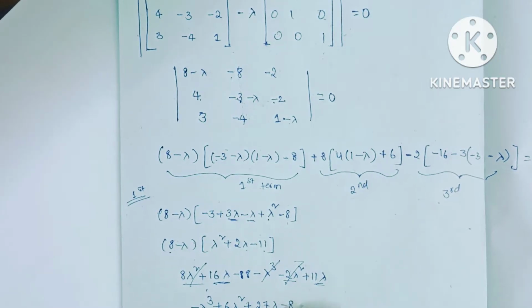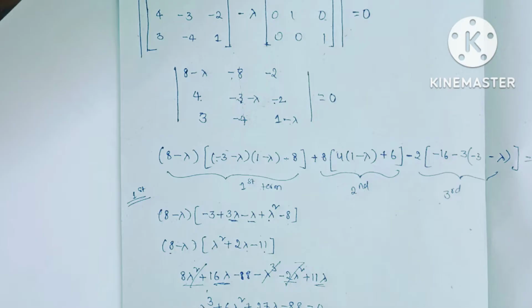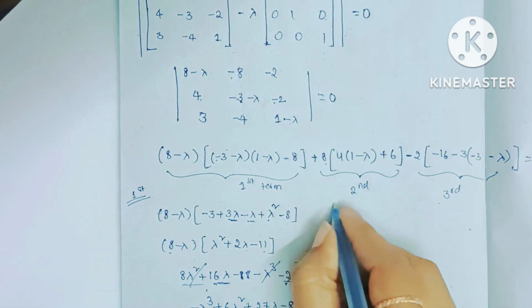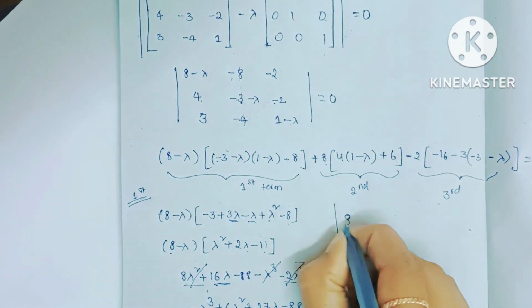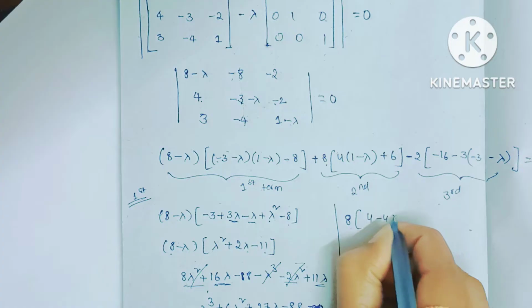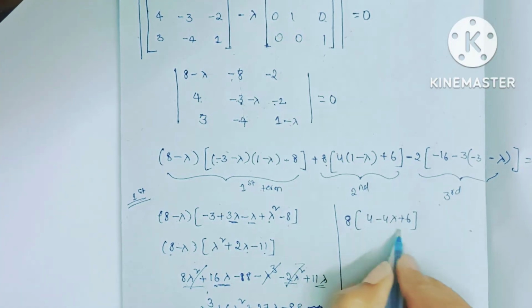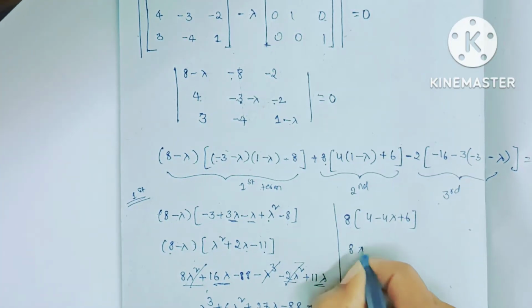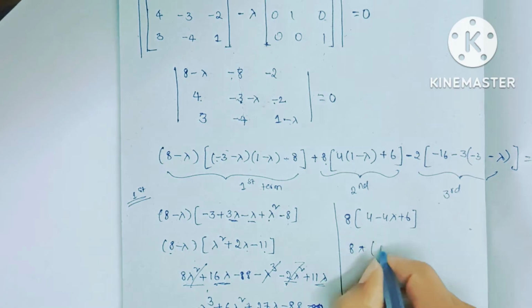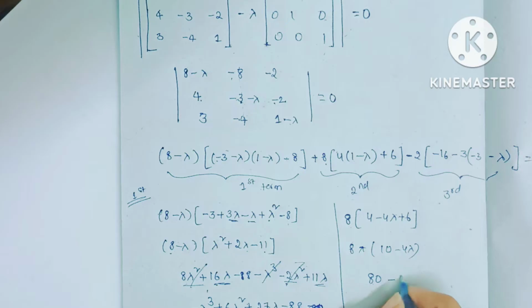No, sorry, this one is the first one and the second one is 8 into 4 minus 4 lambda plus 6. So here we will get 8 into 10 minus 4 lambda, so 80 minus 32 lambda. This is the second one, and now the third one.